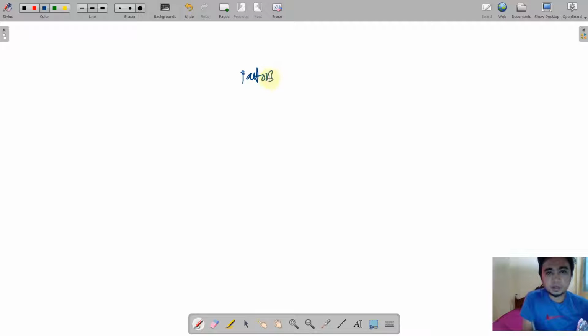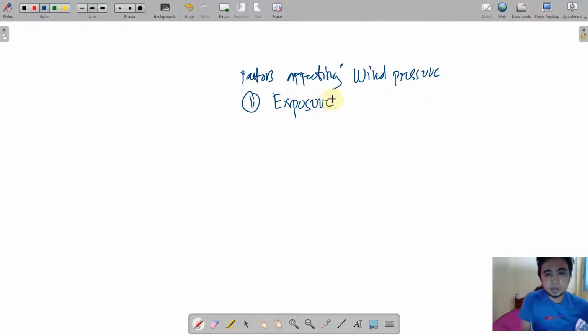So we have here the factors affecting wind pressure. Number one, it is dependent on the exposure of the structure.